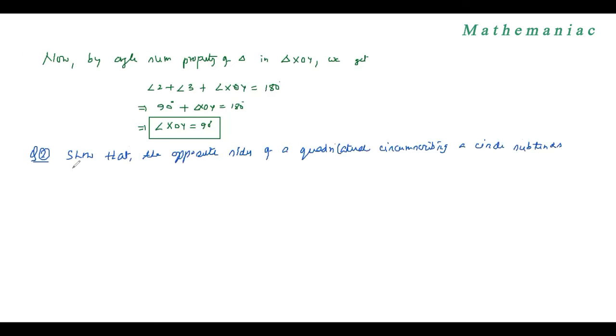That means subtends means produces supplementary angles at the center of the circle. Once we draw the figure, everything will be clear.